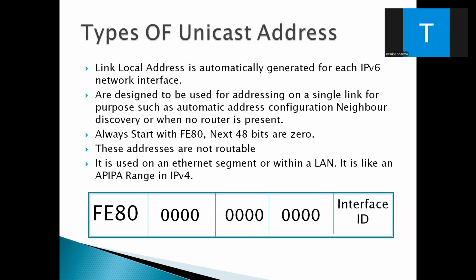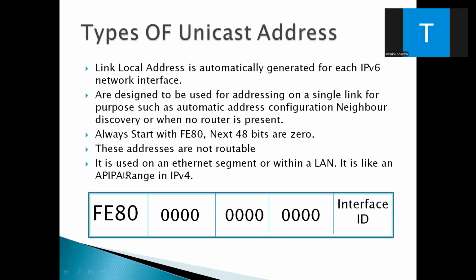It is a private IP generator. It always starts with FE80. The next 48 bits are 0. These addresses are not routable. It is used on an Ethernet segment or within a LAN. It is like the APIPA range in IPv4.